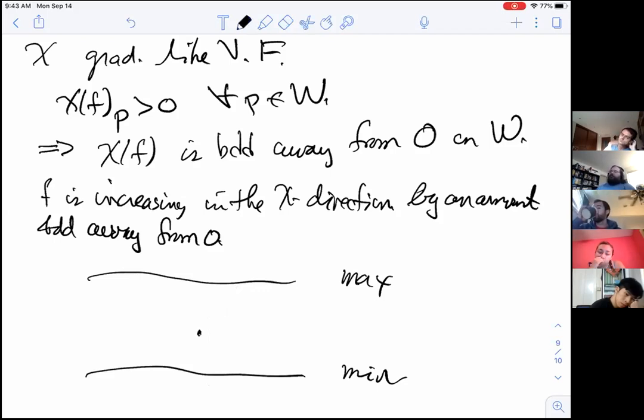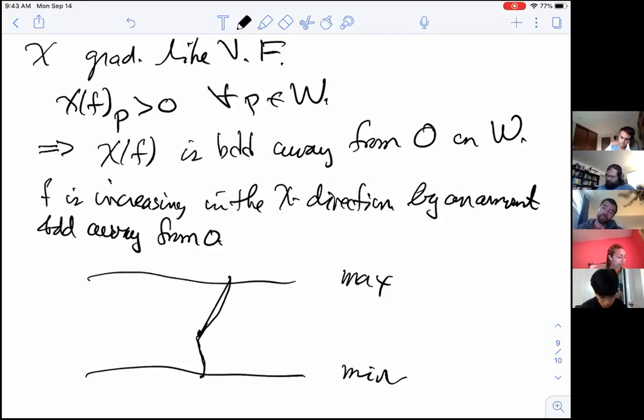So you start here, F has some value. As you move along the flow line, as a function of t, F is increasing at least at a fixed rate. You eventually have to hit the maximum value, and likewise when you move backwards. So no flow line can go on forever, and therefore every flow line has to go from boundary to boundary.